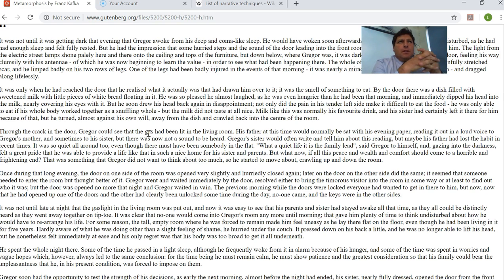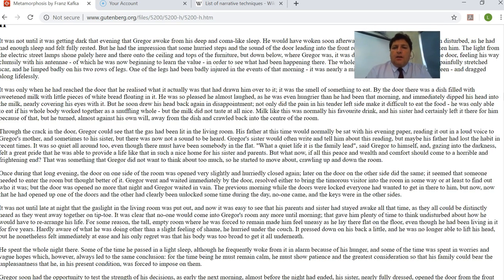We know we're dealing with elements of alienation. But of course, it's easy for us to say, but how do we know that? What is going on in the actual narrative that shows us that this is what Kafka is completely in control of?